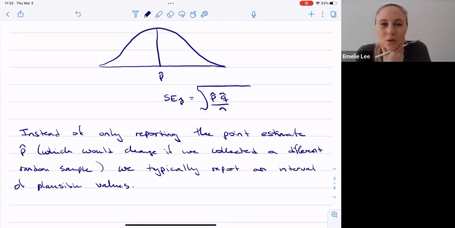Remember, our goal for inference is to take that sample information to learn about what the population proportion might be. Because of how sampling works, sometimes we are representative of the population, and then there are rare instances where we are not. So we don't actually know if we're capturing that population proportion. And so that's why we're only going to be 95% confident or 99% confident.